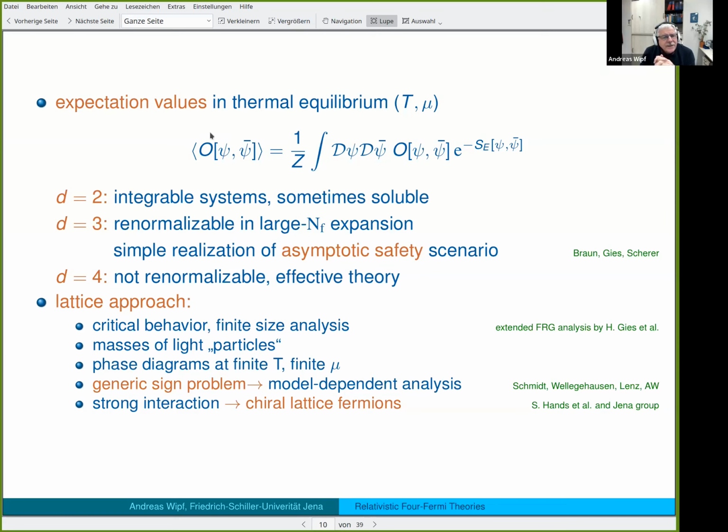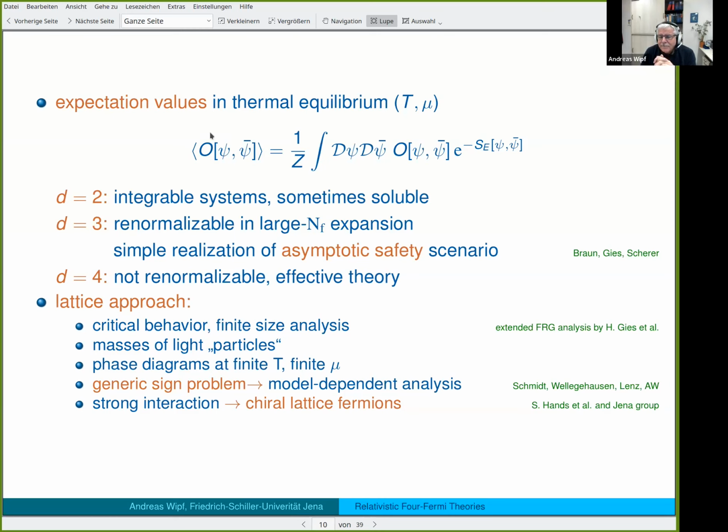In three space-time dimensions, these theories are not renormalizable in usual perturbation theory, but they are renormalizable in the large NF expansion. These are predictive theories. And actually, they are maybe even the most simple realization of the so-called asymptotic safety scenario.